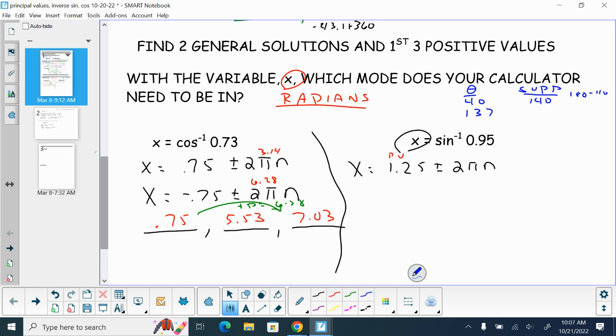How'd you get it? 180 minus 137. If I had negative 10 degrees, what would be the supplement to negative 10 degrees? Alec? 190. And I can follow the same method. I can take the 180 minus the negative 10 to give me a positive 190. All right.